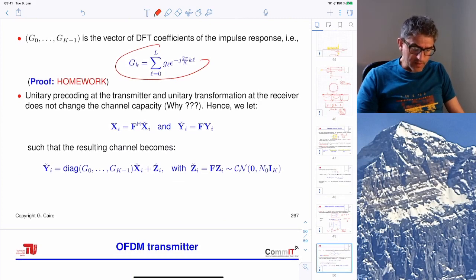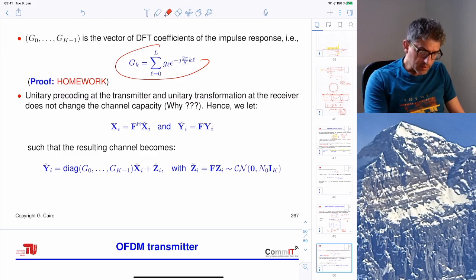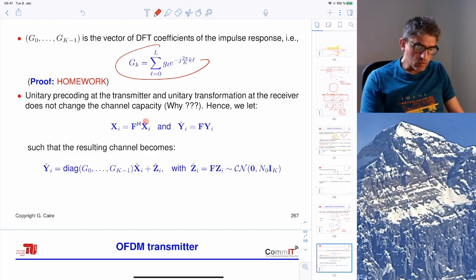So now the idea is simple. We consider a block of symbols that I will call xi check, with this little check here, to distinguish from xi. Before sending them, we apply inverse Fourier transform by multiplying by F Hermitian.